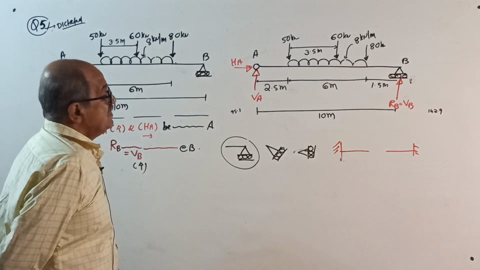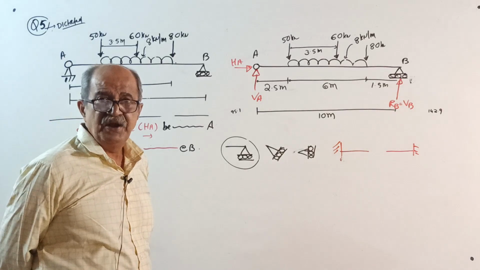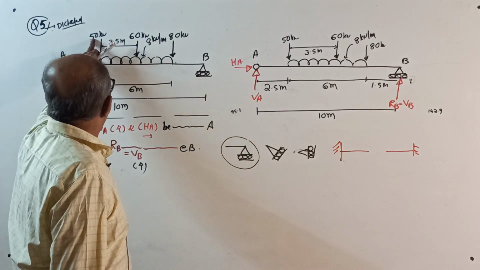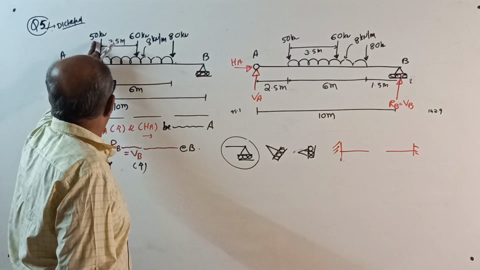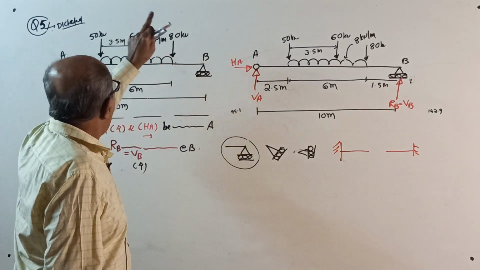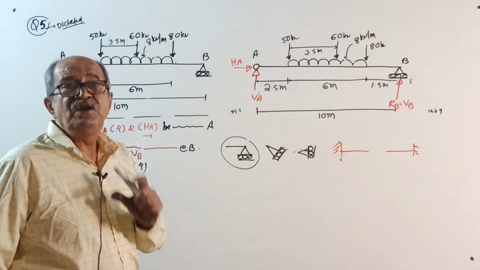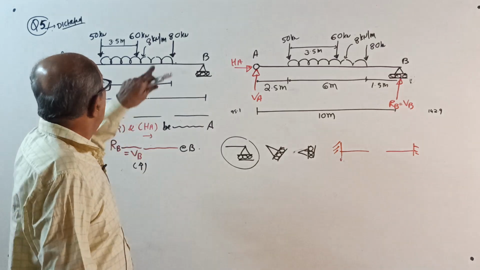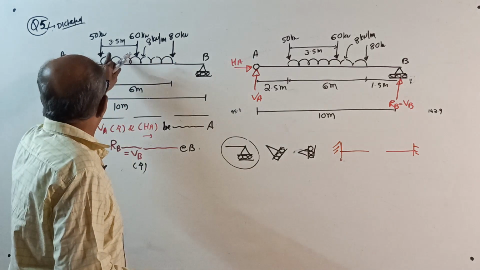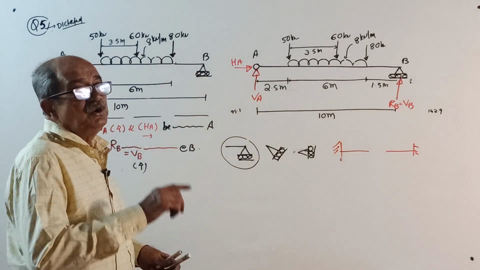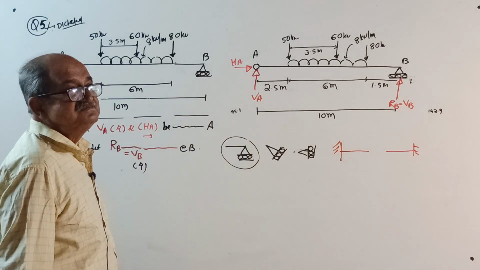Next, there are 3 concentrated loads of magnitudes 50 kilonewton, 80 kilonewton and 60 kilonewton. Be careful, see the order there. They act at the left end of the UDL, the right end of the UDL, and at 3.5 meter to the right side of the left end of the UDL.